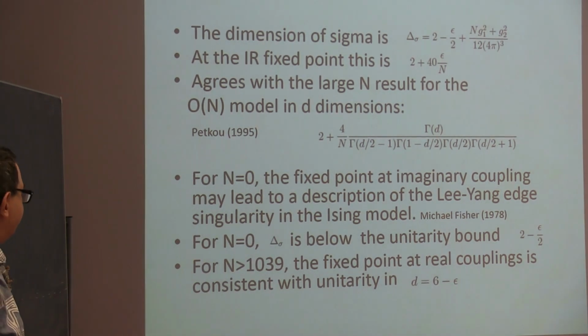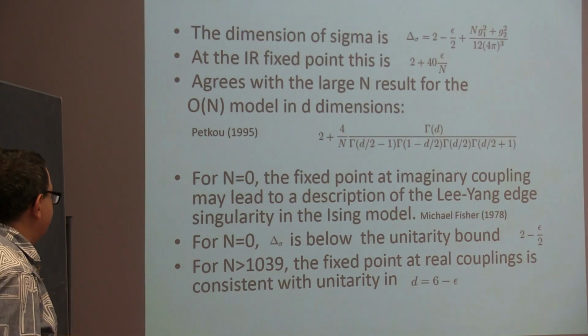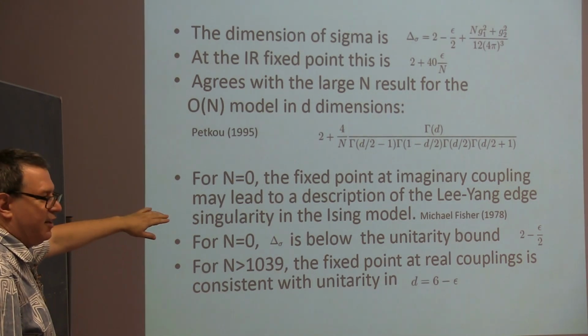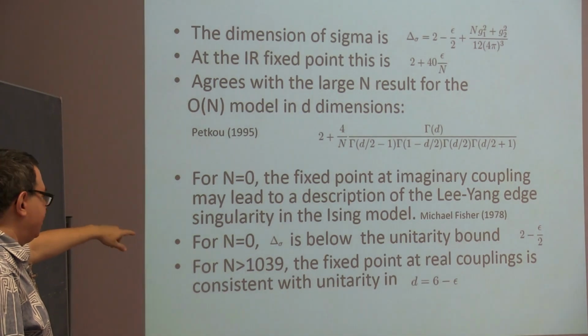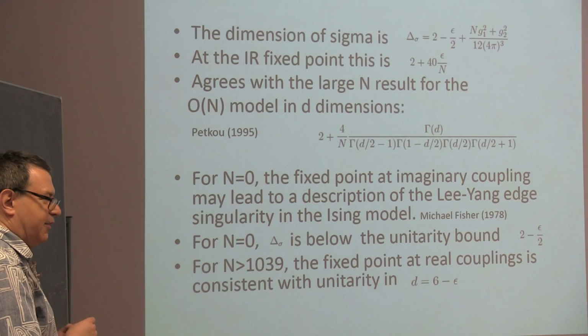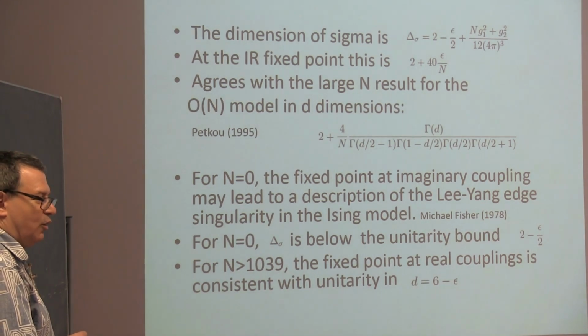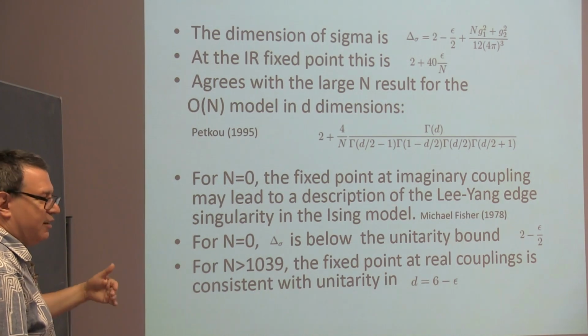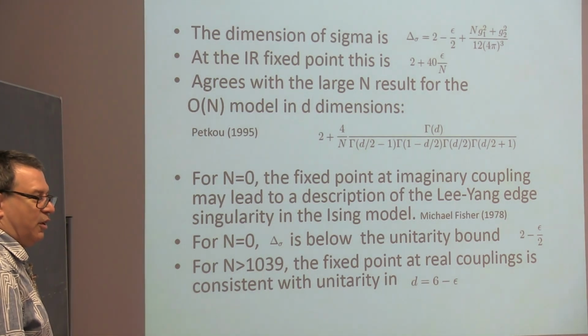So what do we make of these theories? Here is a bit of history. For example, for N = 0, Michael Fisher in 1978 developed the 6 minus epsilon expansion at imaginary coupling, but that was a manifestly non-unitary theory. The dimension of sigma in that theory violated a unitarity bound.